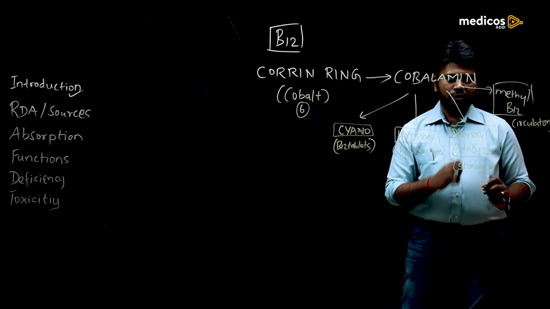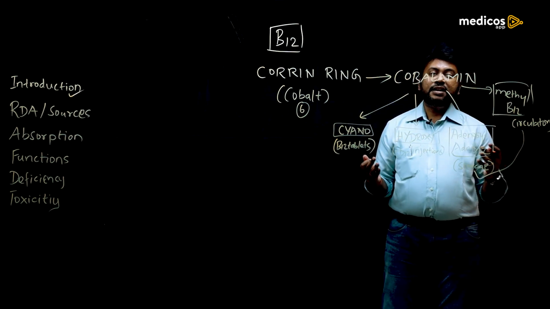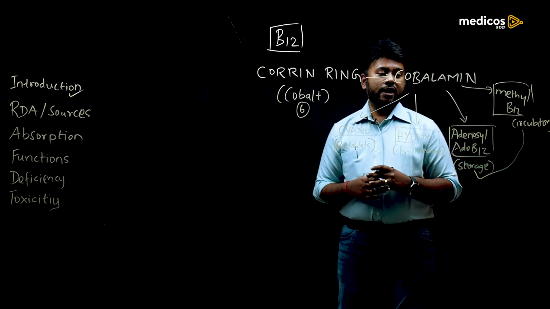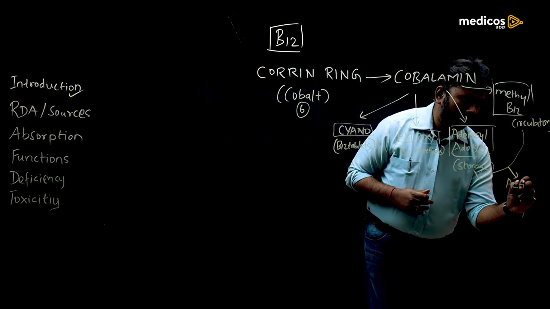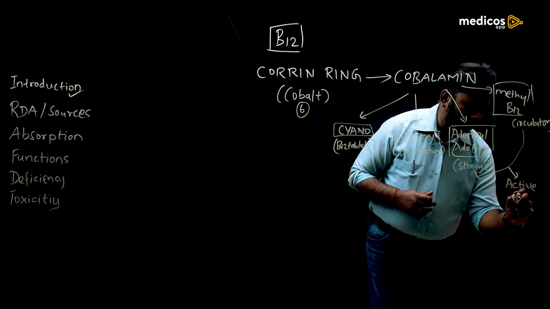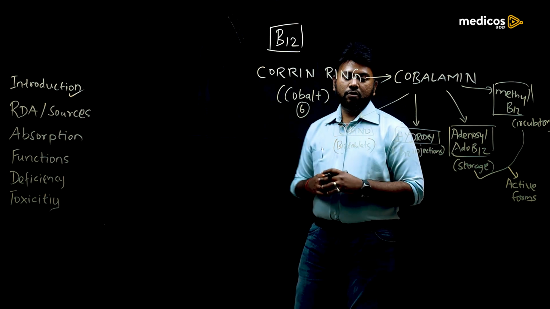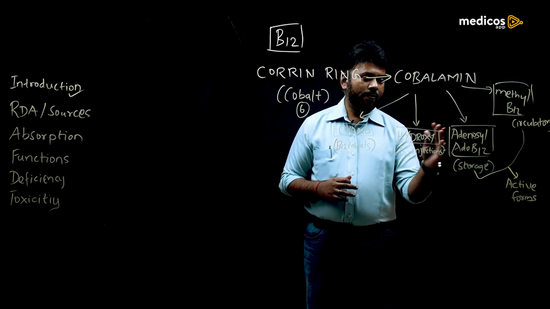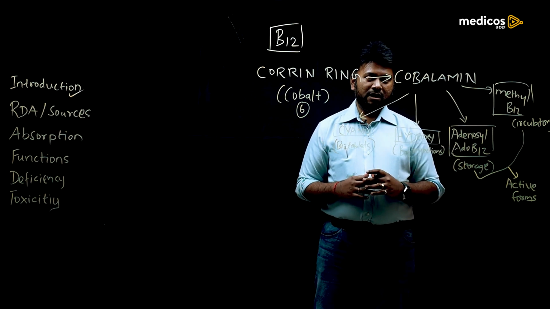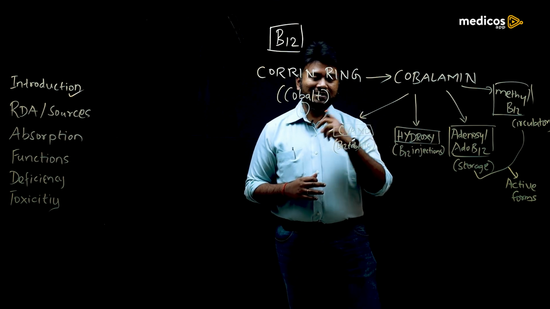Among all these forms, the storage form, adenosyl B12, and methyl B12 have certain biochemical functions in our body. So these two forms are considered the active forms of vitamin B12. So this is an introduction about B12. We have different forms, depending on what the 6th valency of cobalt is linked to.